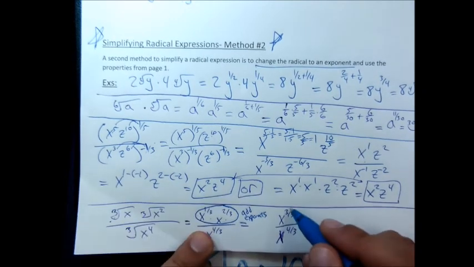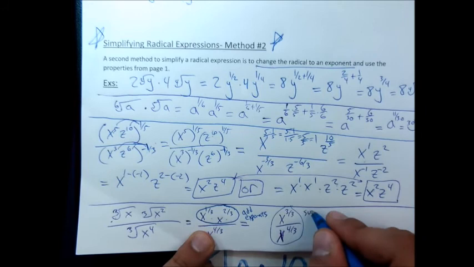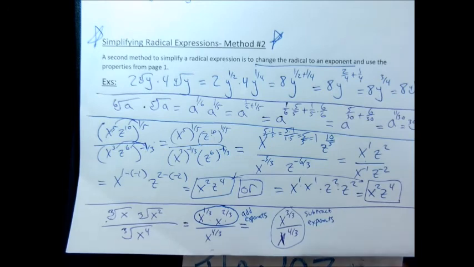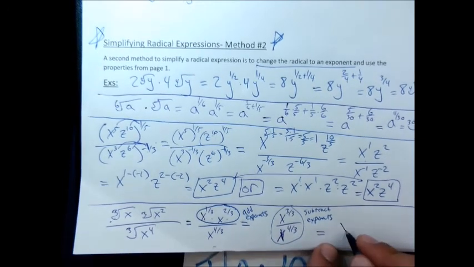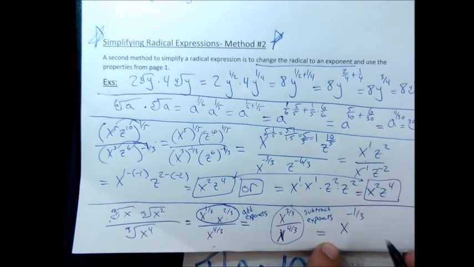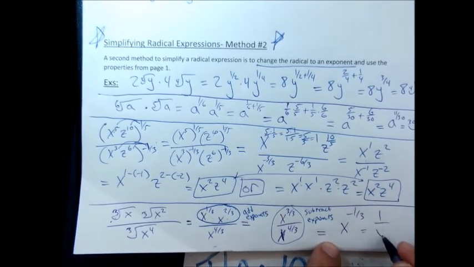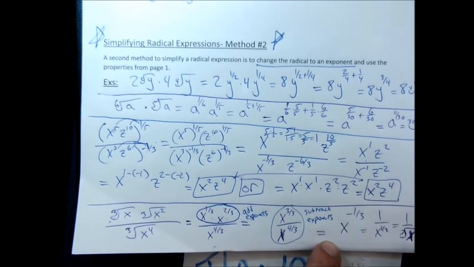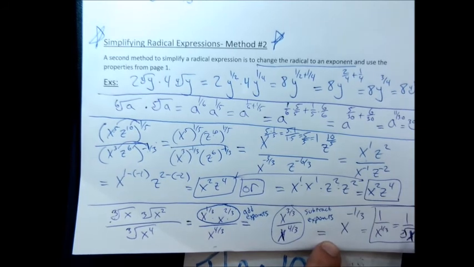And then you subtract. And so we'll get x to the minus 1/3, which is 1 over x to the 1/3, or 1 over the cube root of x. Either one of those is fine. As long as it doesn't have a negative exponent, that's good.